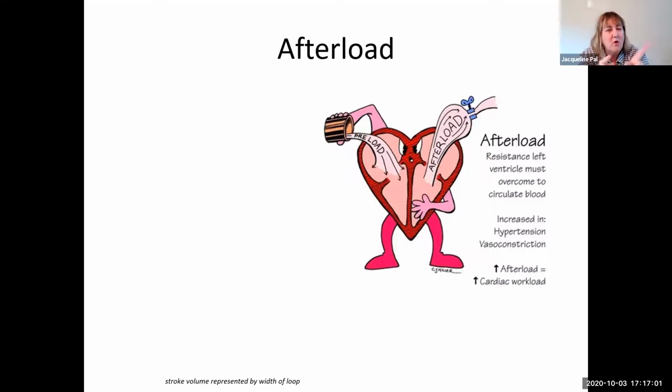Before I talk more about afterload and how it relates to stroke volume, I want you to realize that if we increase the afterload, that means the heart has to work harder in order to get that blood out. And if the heart has to work harder, that's called cardiac workload.